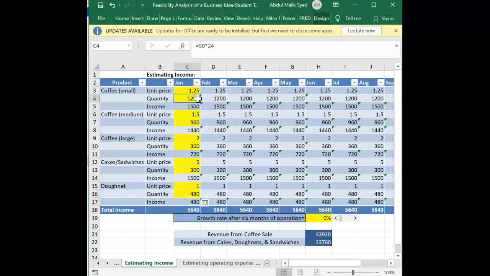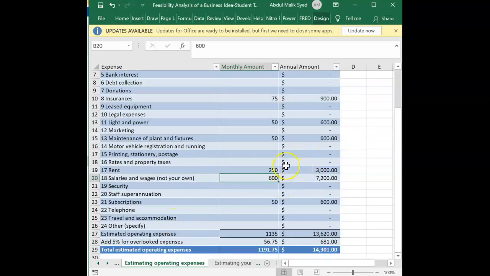If you are able to sell 50 plus 40, 90, 90 plus 15, so around 100 coffees per day, and taking operating costs like this, instead of having 3 members in the coffee shop, let's put only 2 members, one an experienced guy and one a fresher, to reduce the cost.